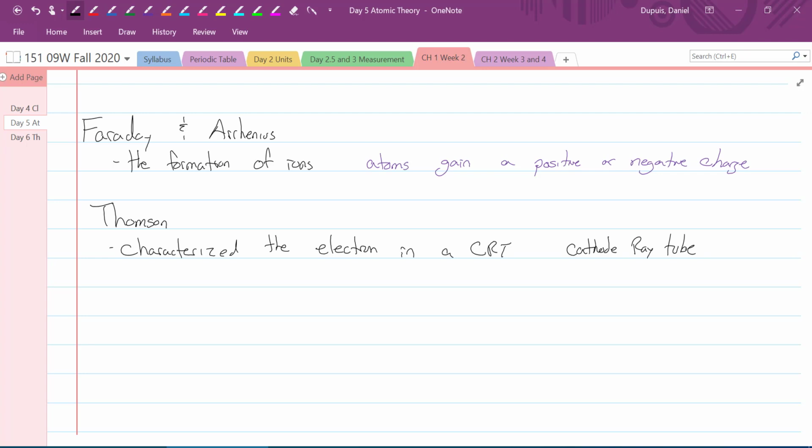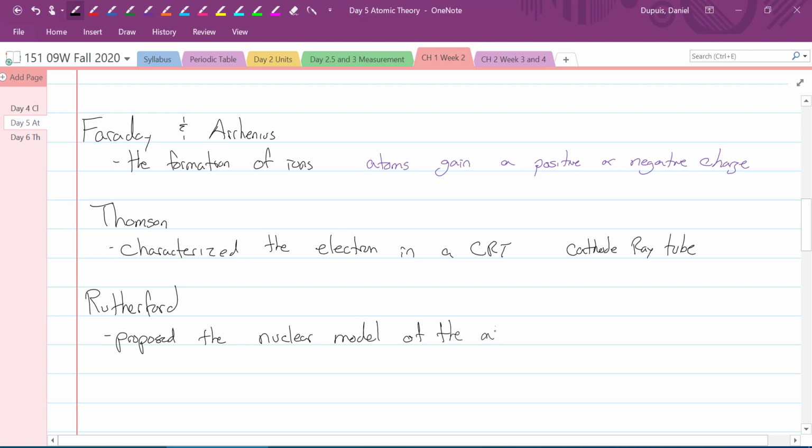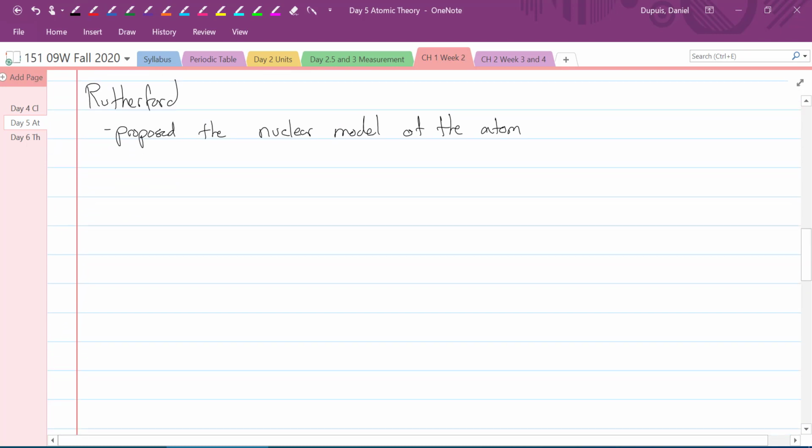All right. Then a guy by the name of Rutherford, which we'll talk about his experiment later on. Rutherford, right? He proposed the nuclear model of the atom, which we kind of still use today.